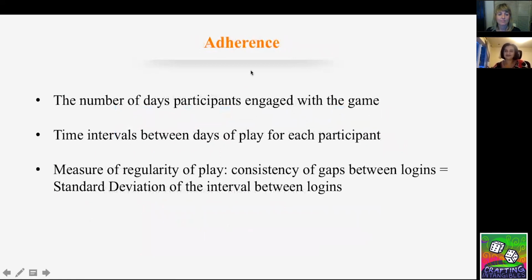So we were looking at several things that the company was interested in. Because the company wanted people to adopt this as a habit, adherence to the game becomes important. So we wanted to make sure that the people have engaged for enough days for it to become a habit, and they basically embedded it inside their lifestyle.